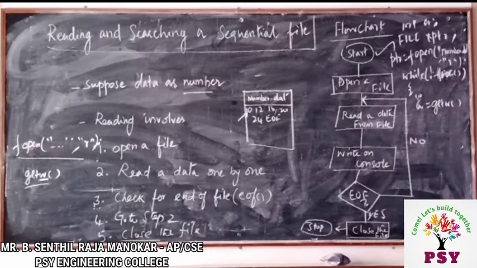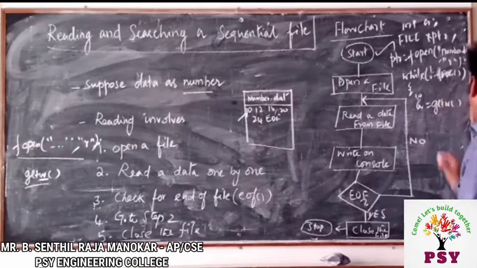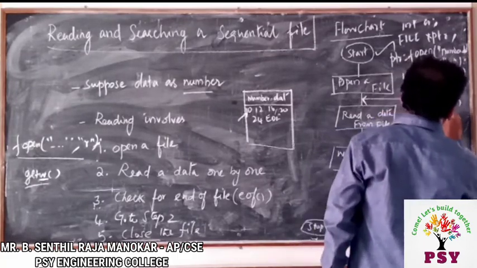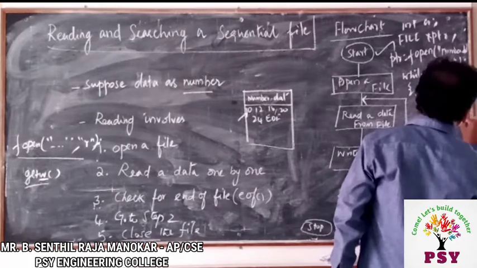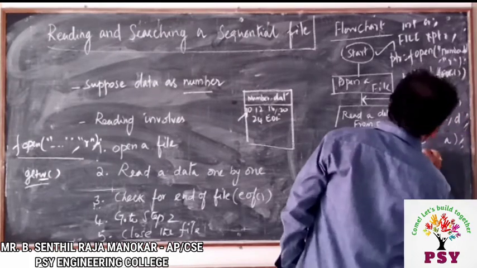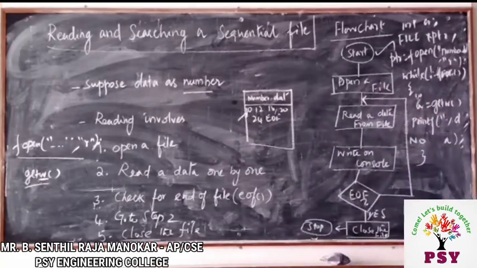Understand? Then we have to write the data using a printf here, percentage d comma, here I can write a. Then close it. Automatically the value you get from the file, which is stored in A, is going to be printed on the console.